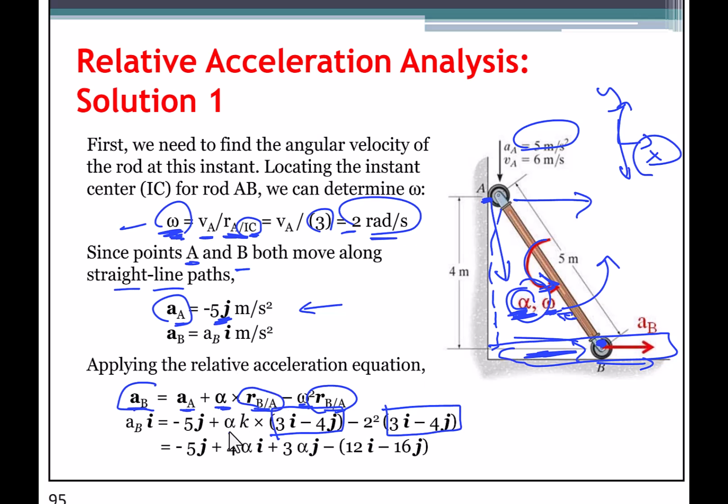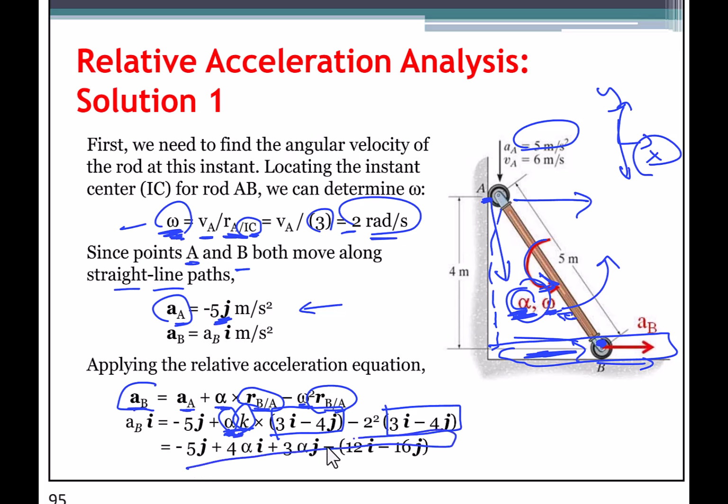So I'm going to keep this as positive, the absolute value of this in the X direction. So this is the right hand rule. This is out of the page. I'm going to assume it's out of the page. We'll talk about this if you're not sure what I mean about the direction. But I'm going to assume this is alpha k.